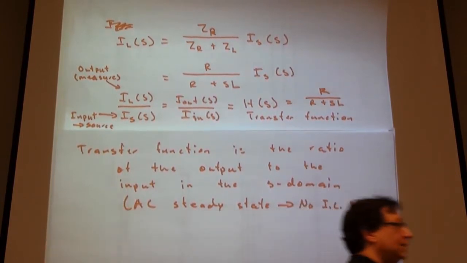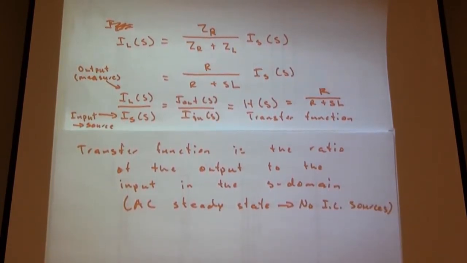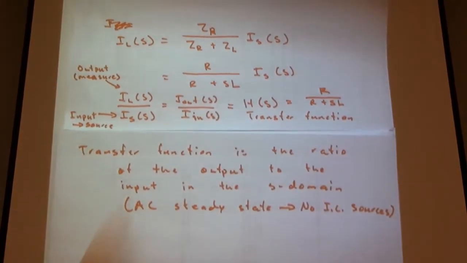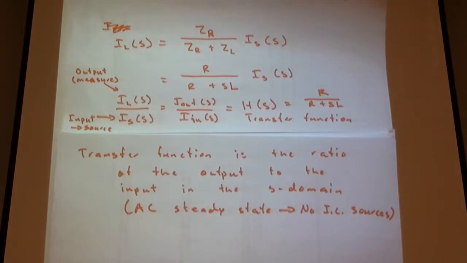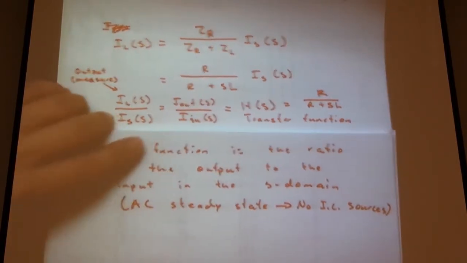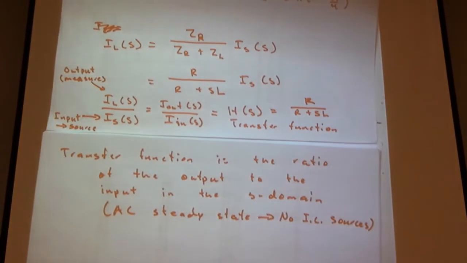Depends on our impedances in this case. In this case, our transfer function is unitless, but we could have a V out over an I in, or an I out over a V in, in which case we have ohms or mhos, as the case may be. But any of those are possible, but we find the transfer function.